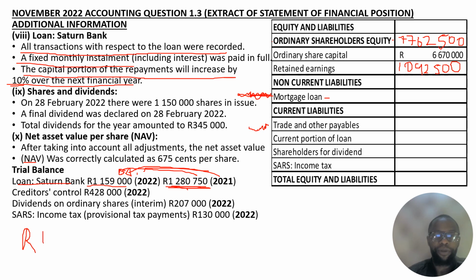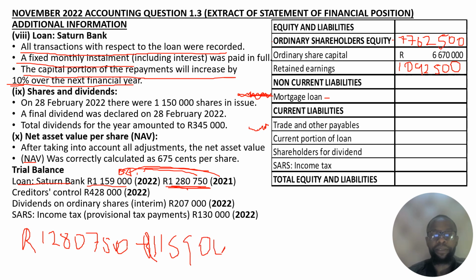We have 1,280,750, and then we deduct 1,159,000.